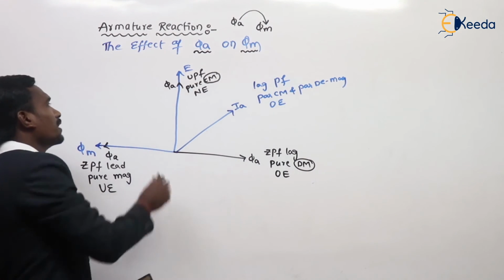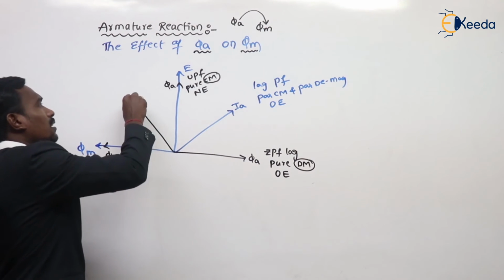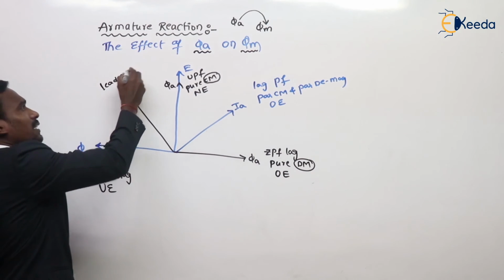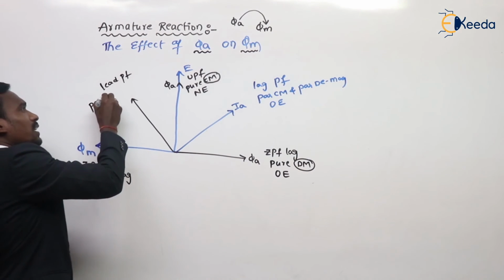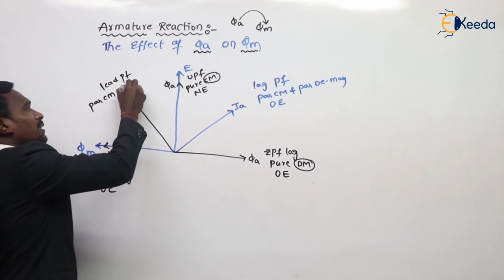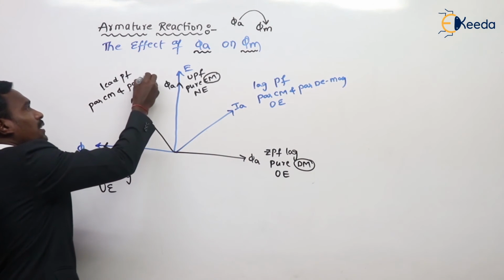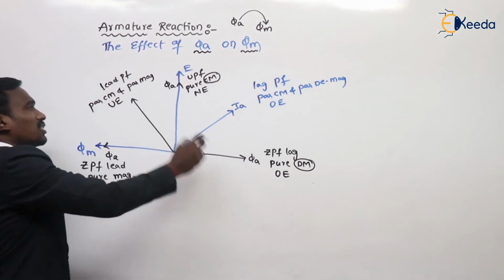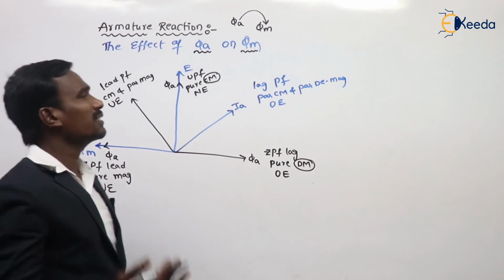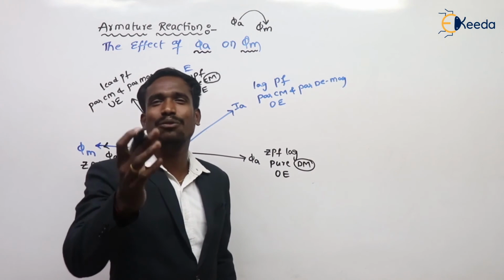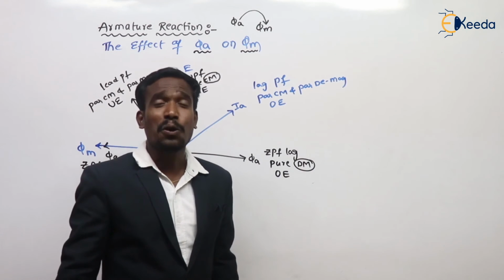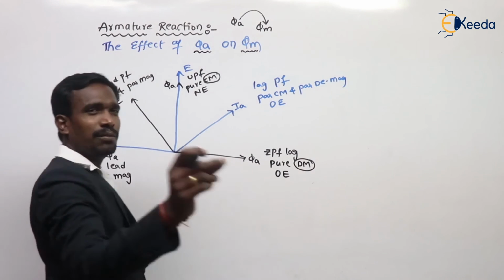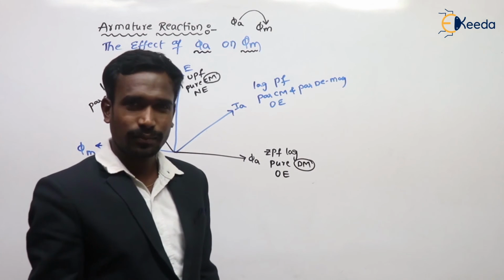If the armature current is here, this is RC load, leading power factor. The armature reaction is partially cross magnetization and partially magnetization. This is under excitation. This is clearly what armature reaction is. Very simple in one diagram. A very important topic in synchronous machine. Within 1 minute you can cover it.